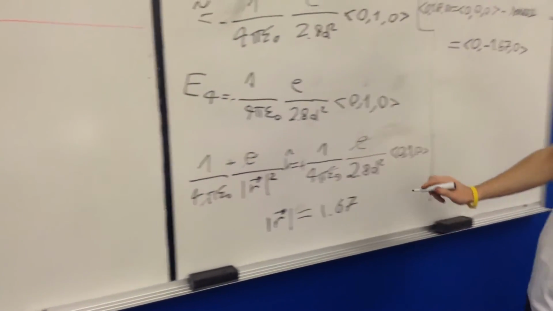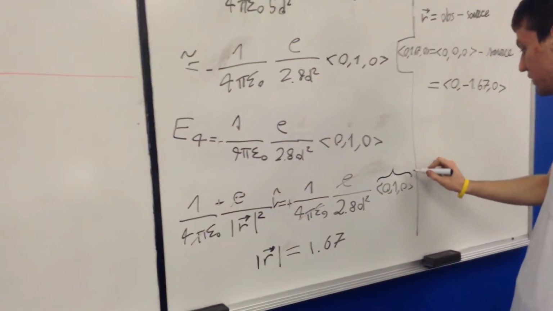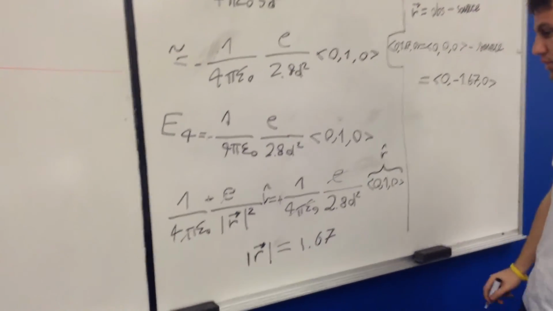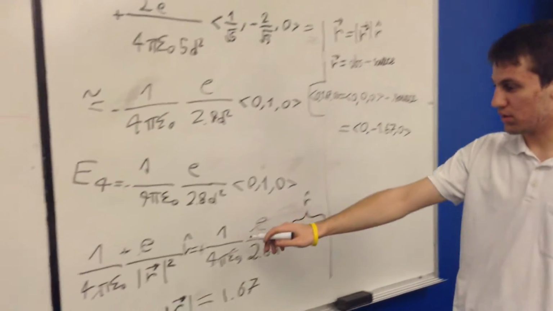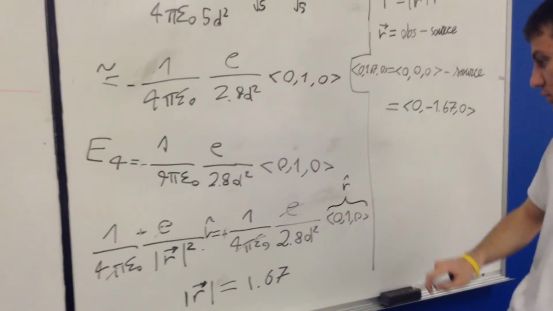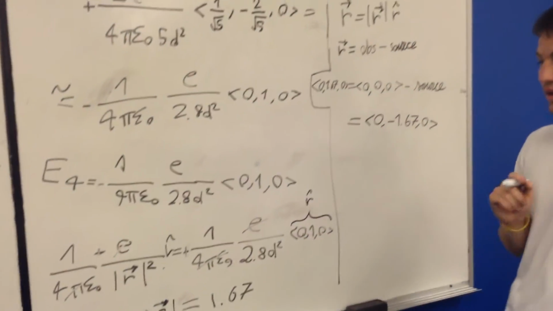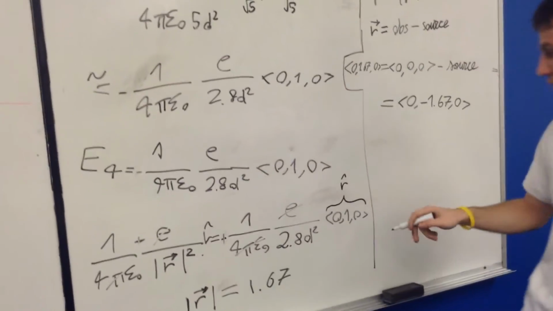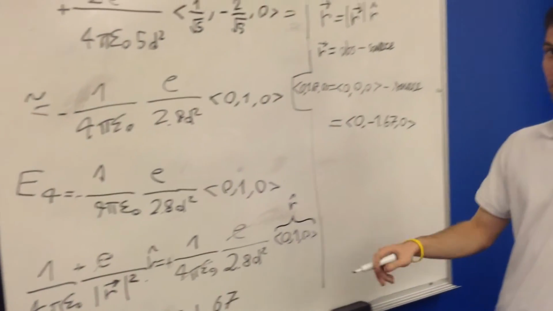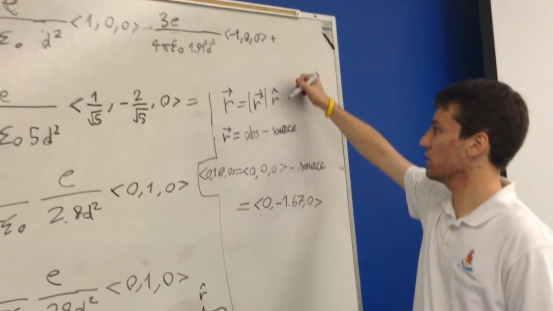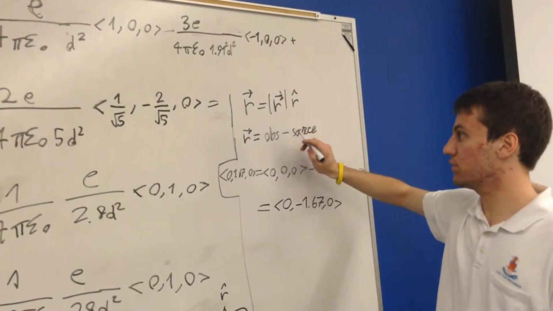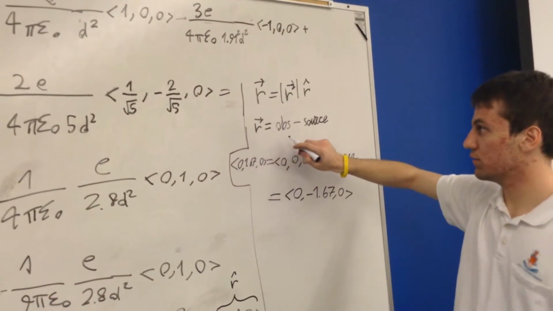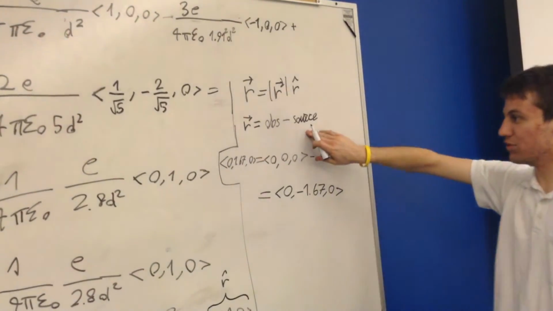And this can be easily taken as R hat, because within the formula you notice that the only value that is a vector is R hat, so we're going to apply R hat, and therefore we know that this is the value for R, and we know that R is the difference between the observed location and the source location.